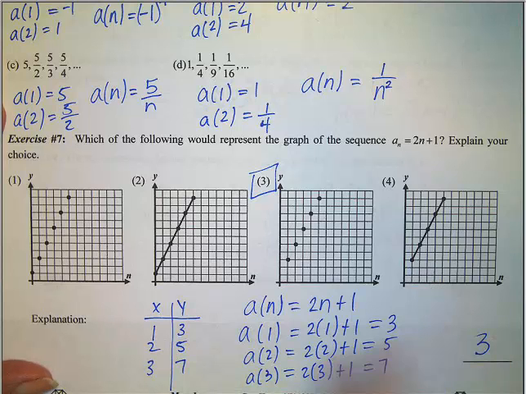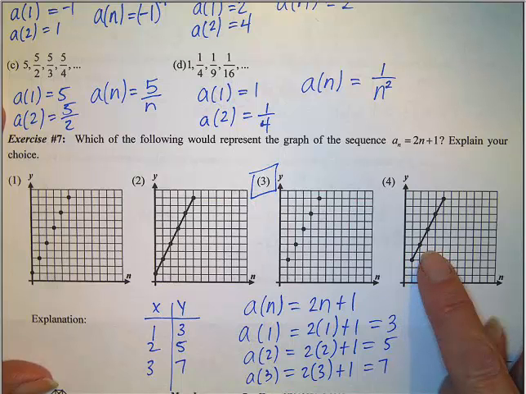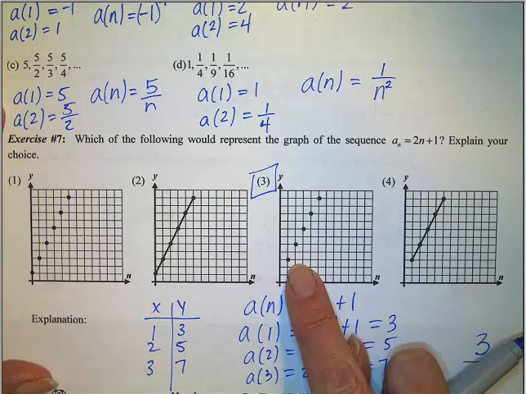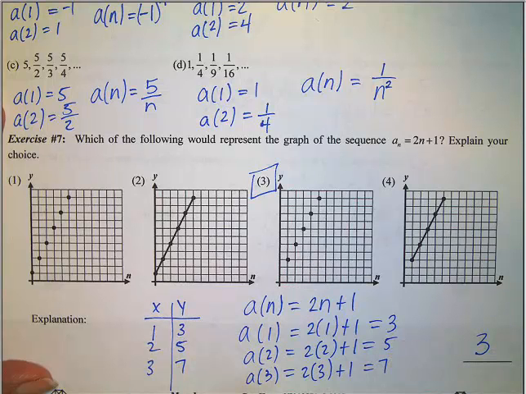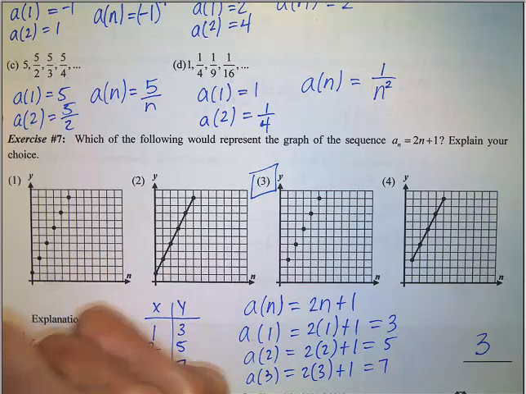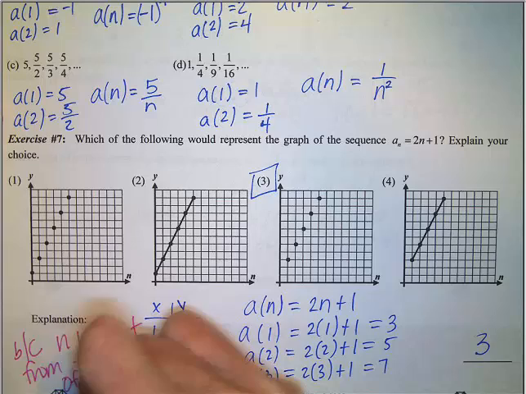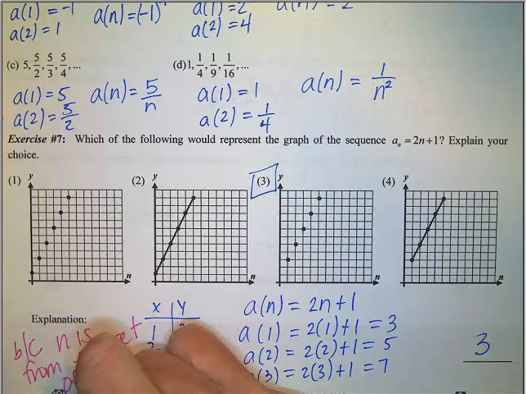So I can't have in between 1 and 2 because there's no integers between 1 and 2. So they are specific dots. I don't have 0 because 0 is not a positive integer. So it is choice 3 because n is from the set of positive integers.